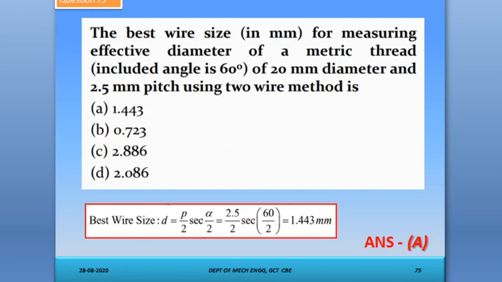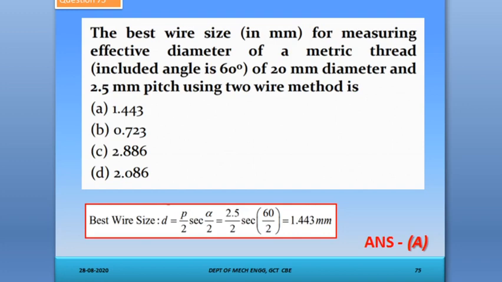The best wire size for measuring the effective diameter in the two wire method: the formula is D equal to P by 2 secant of alpha by 2, where P is the pitch value and alpha is the thread angle 60. You get 1.443 millimeter.